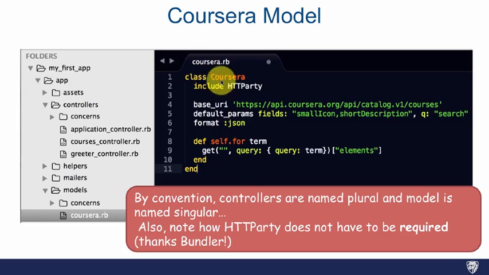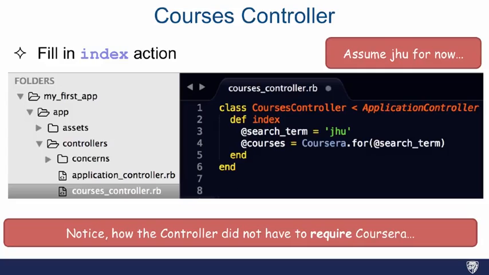Okay, so this you guys have seen before. It's just pulling the courses out of Coursera Web Services. Now back to the controller. In the index action, we're going to have a search term, which for now we're just going to assume JHU. And then we're going to pass that search term as a parameter into a for class method.